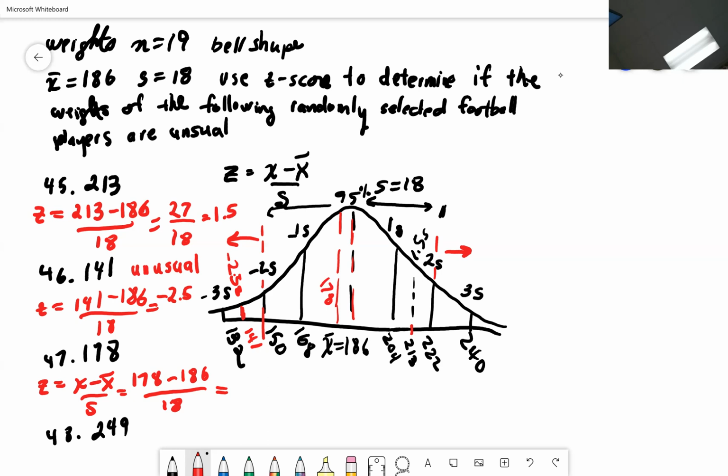So 178 minus 186 divided by 18 is negative 0.44. Now, something to mention here. Right here in the middle, we have a z-score of 0. The mean is a z-score of 0. To the right of the mean will be positive z-scores. To the left of the mean will be negative z-scores.